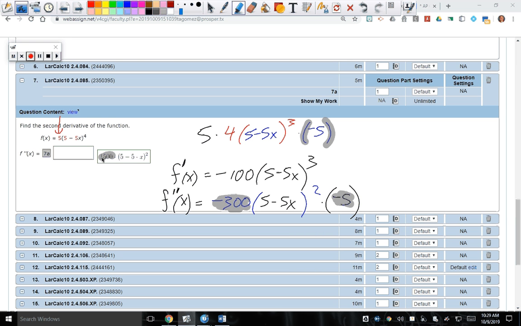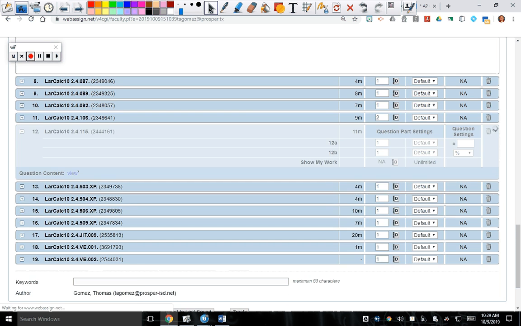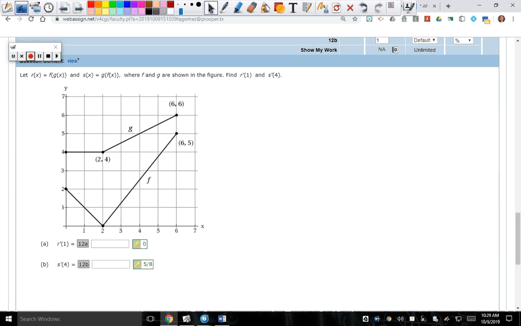Alright, one more question. Number 2? Or 12? Okay, so 12. So 12 is looking for r prime. So if we need to know r prime, we need to know what is r of x first. And r of x was given to us as that.